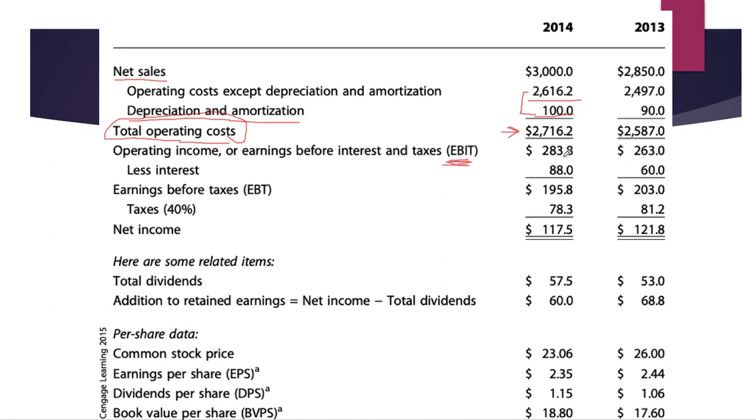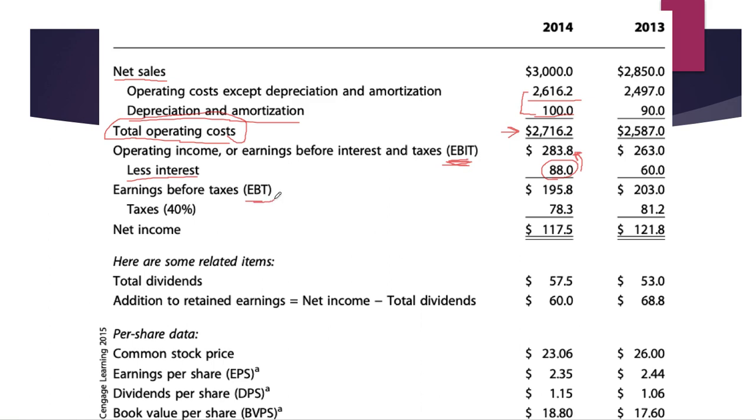And then from this number, we can deduct the interest payments, which are given as another 88 million USD. So if this is subtracted, 283 minus 88, we obtain earnings before taxes, denoted by EBT.